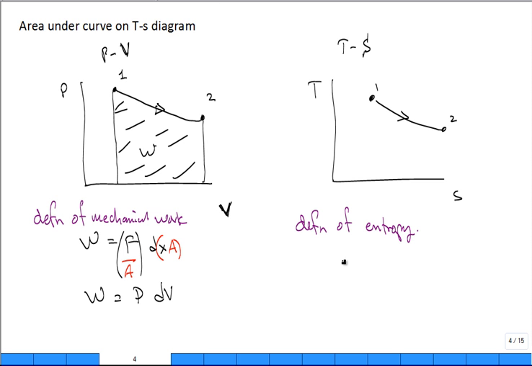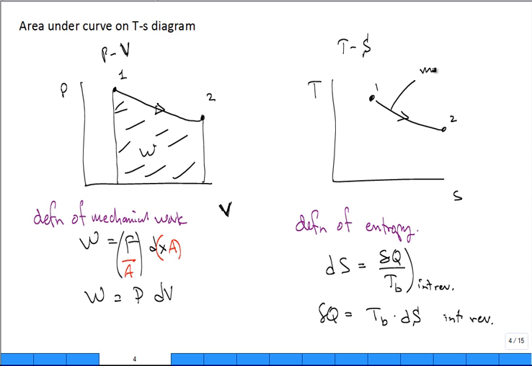Was it something like change in entropy is equal to del Q over T_B if it's internally reversible? Something like this? Okay, so what you do is you say del Q is equal to T_B times ds as long as it's internally reversible.